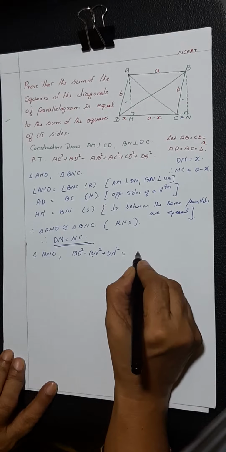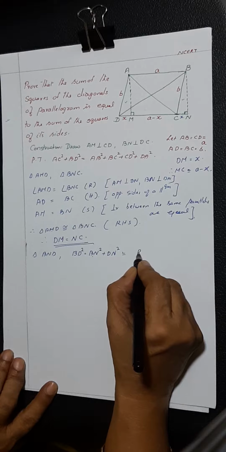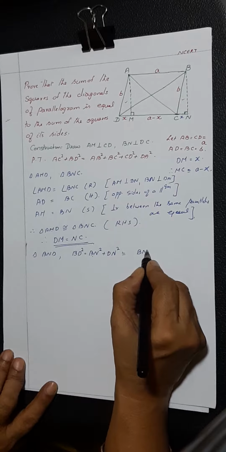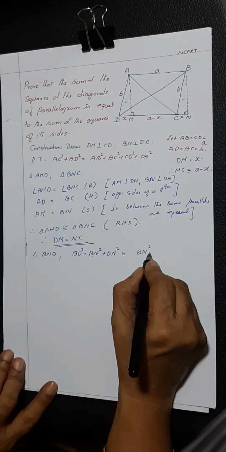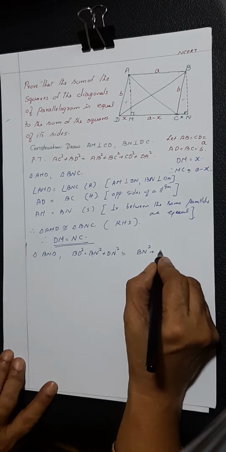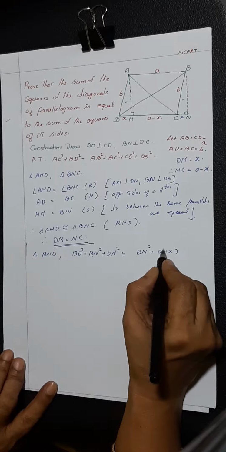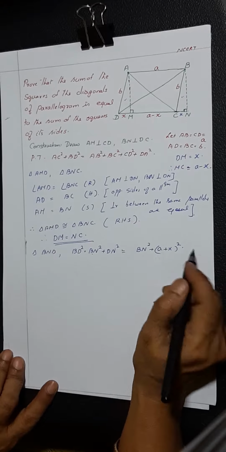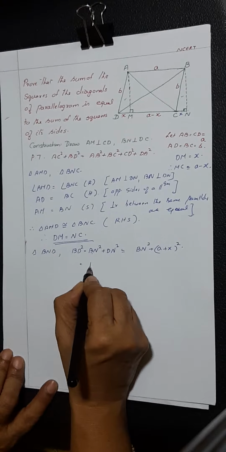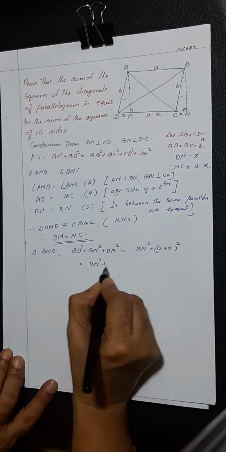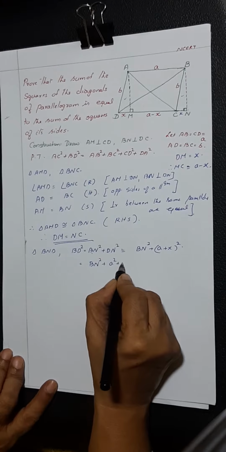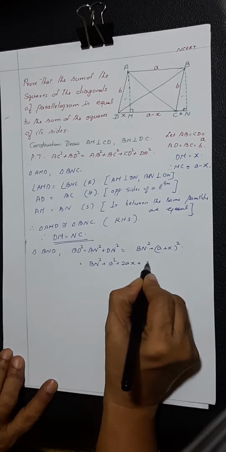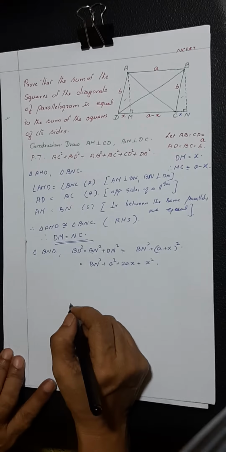So this is BN squared plus A plus X the whole squared. So this is equal to BN squared plus A squared plus 2AX plus X squared.